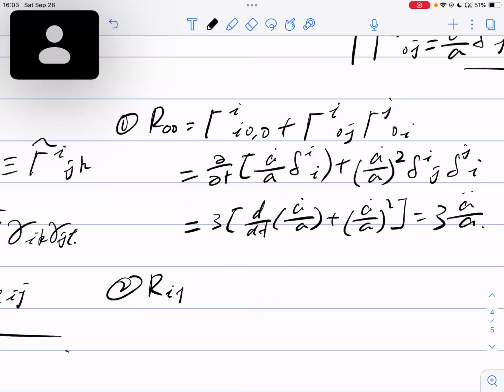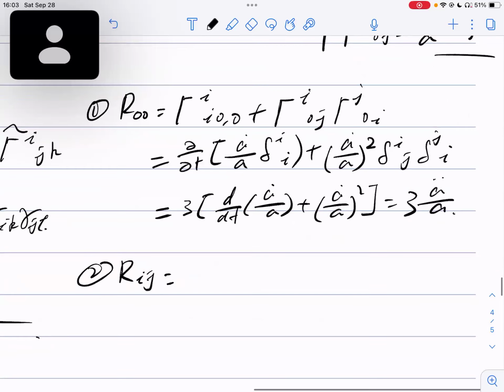Okay, and the complete space component Rij, just expand the calculation equation. Notice that all the Christoffel symbols that have two time components will vanish.